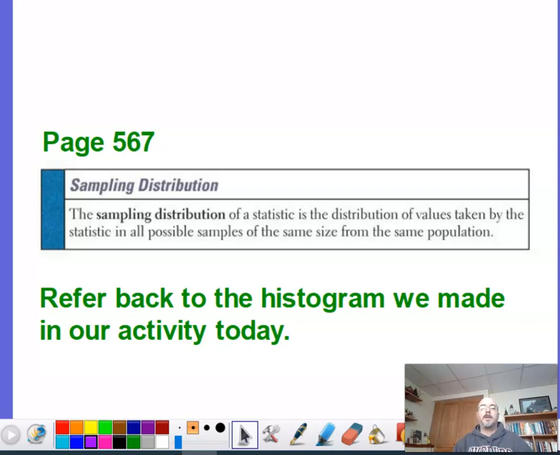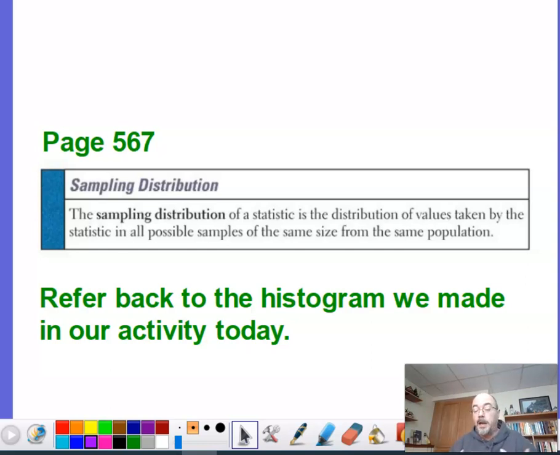Now, sampling distributions. The sampling distribution of a statistic is the distribution of values taken by the statistic in all possible samples of the same size from the same population. We want to always use the same sample size. We don't want to use 10 in this one and then 20 in this one.